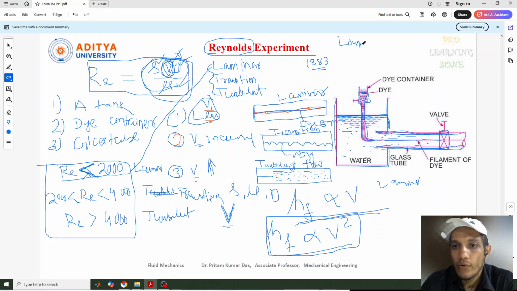When the flow changes from laminar to turbulent, at that condition, first, velocity is increased. Second, the diameter of the pipe is increased.